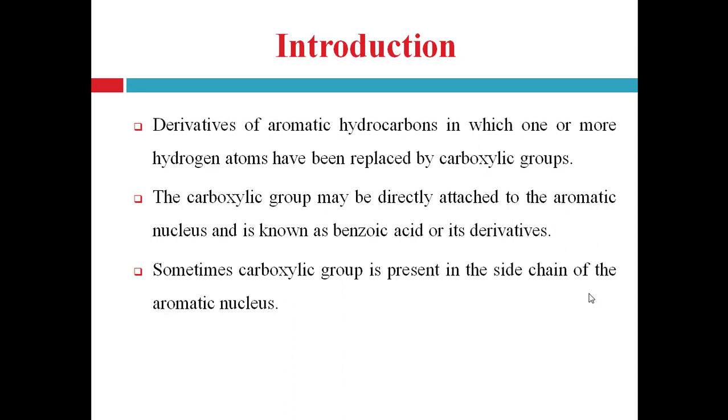Substituted benzoic acid means the ring having the carboxylic acid group, that is benzoic acid, and in addition to the carboxylic acid group, at the ortho, meta or para position other substituents may be present. They are known as the derivatives of benzoic acid and all are known as aromatic acids. Sometimes the carboxylic group is present in the side chain of the aromatic nucleus, as I said. They are also known as derivatives of aromatic acids.